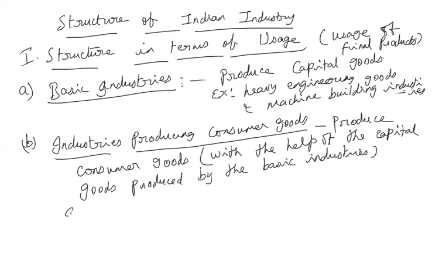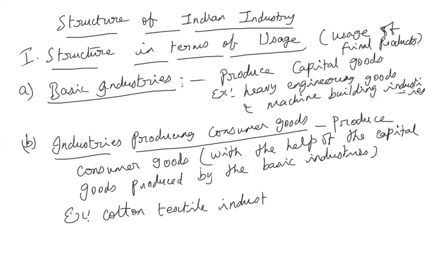Okay. So for example, the cotton textile industry. The cotton textile industry is manufacturing, converting the raw cotton into fabric. That is industry, isn't it? So how are they converting the raw cotton into a finished product in the form of fabric? With the help of a basic industry that is producing the machinery.